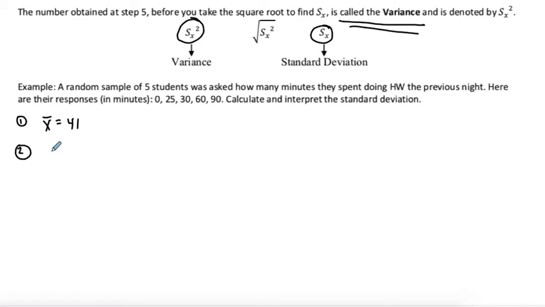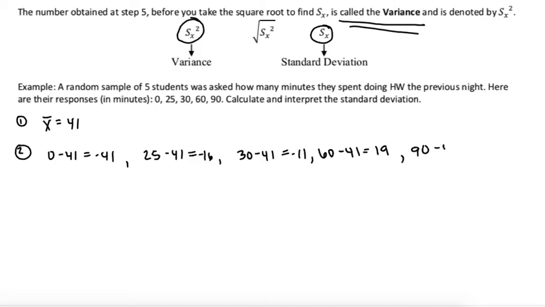Second step is I'm going to find the differences: 0 minus 41, then 25 minus 41, then 30 minus 41, and 60 minus 41, and finally 90 minus 41.